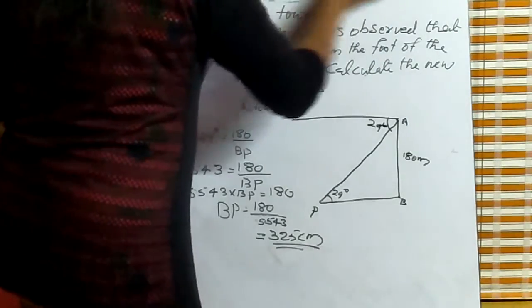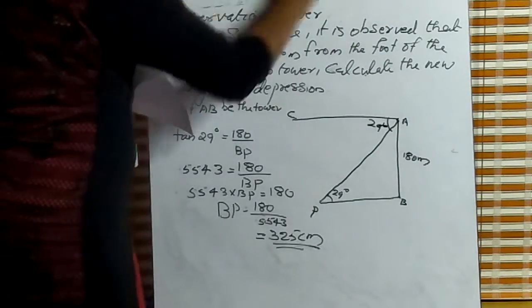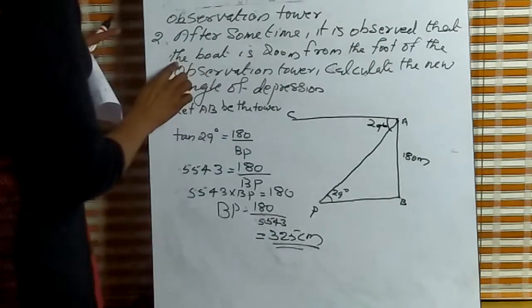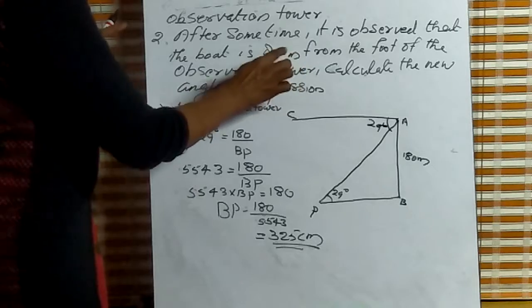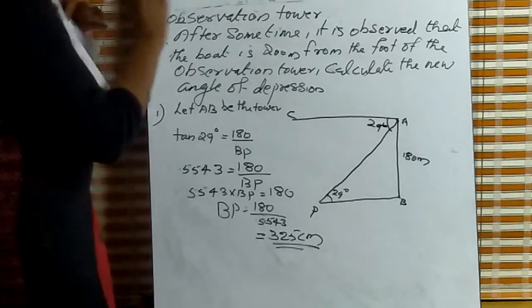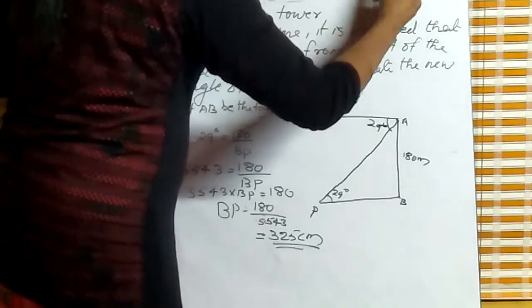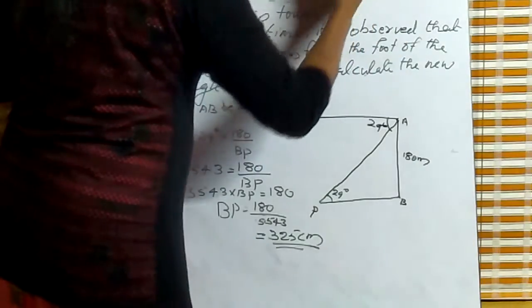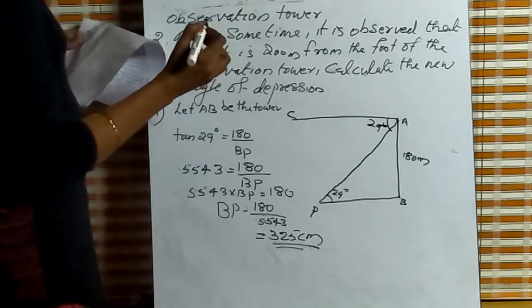Then read the second part of the question. After some time, it is observed that the boat is 200 meters away from the foot of the tower. Here, AB is the tower.